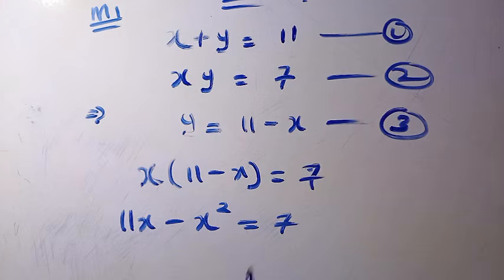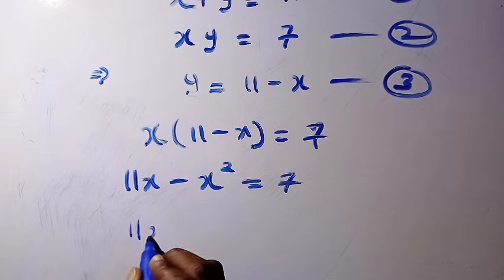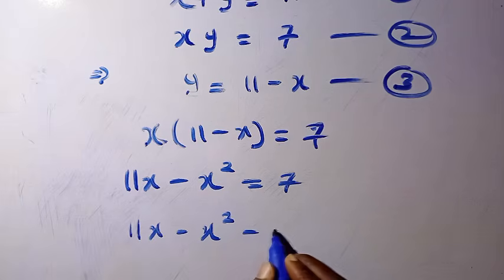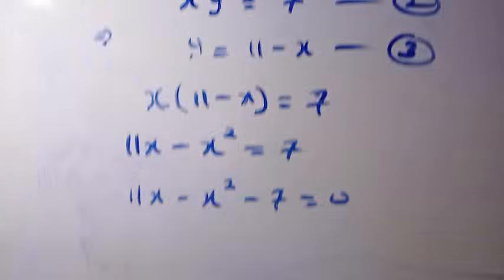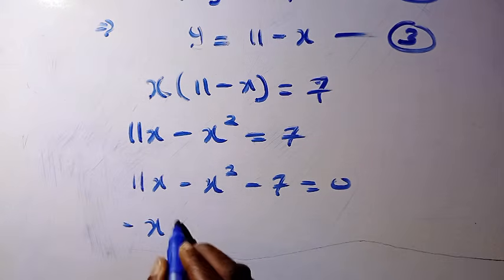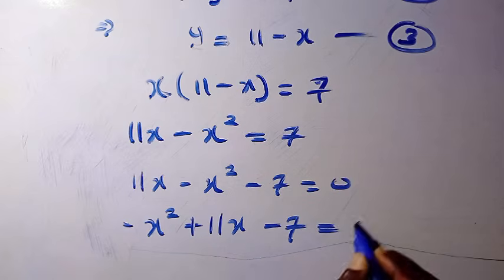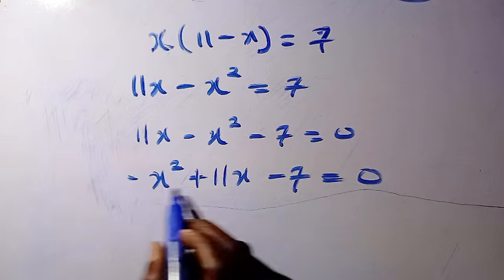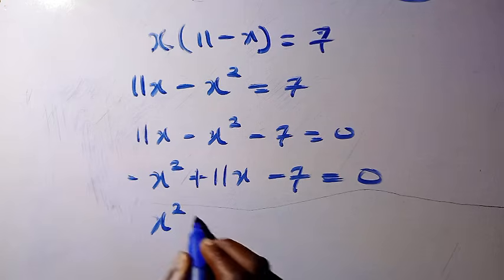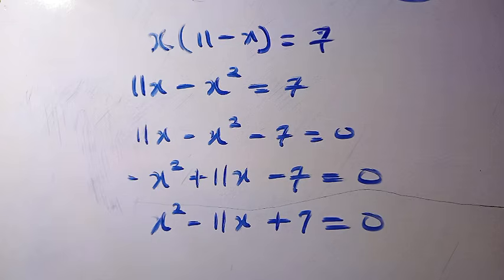Let's transfer this 7 to this side: 11x minus x squared minus 7 equals 0. But we can start with minus x squared, then plus 11x minus 7 equals 0. If I multiply through by negative, we have x squared minus 11x plus 7 equals 0.